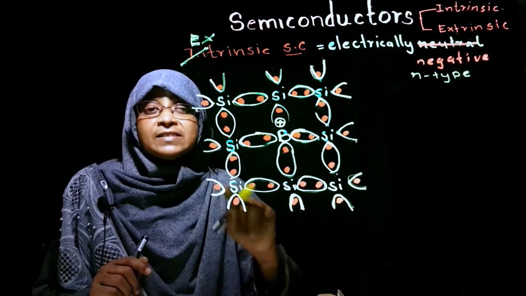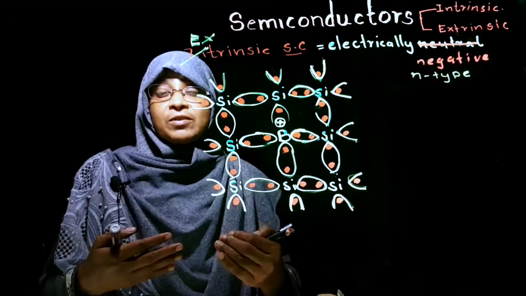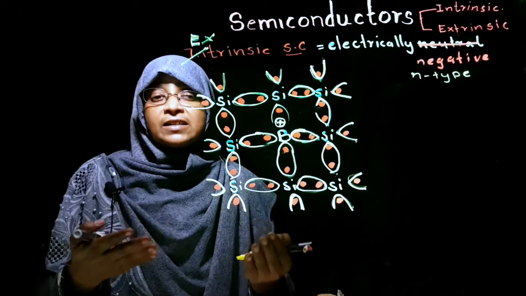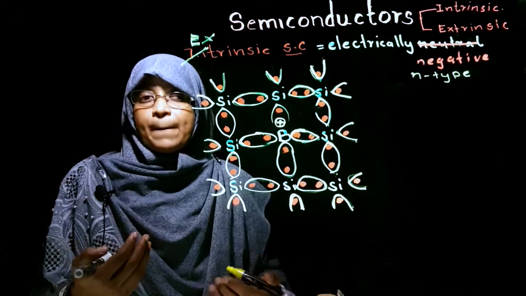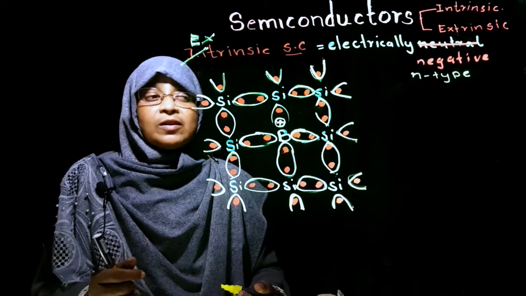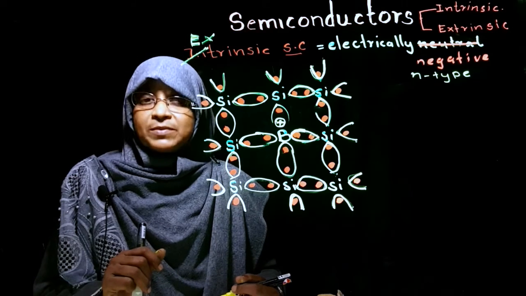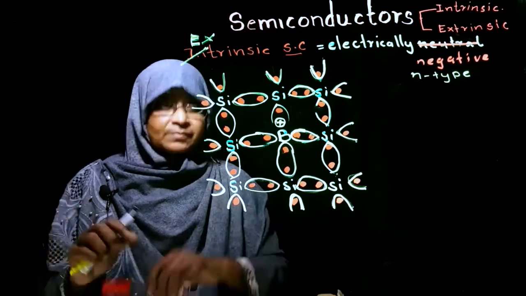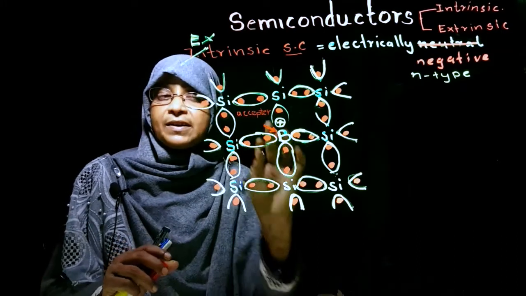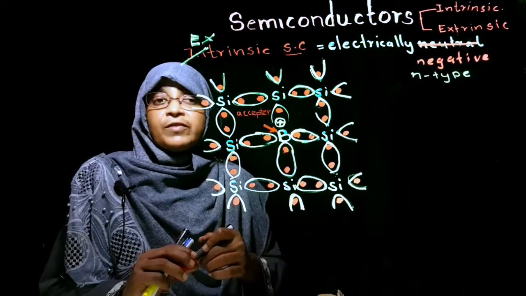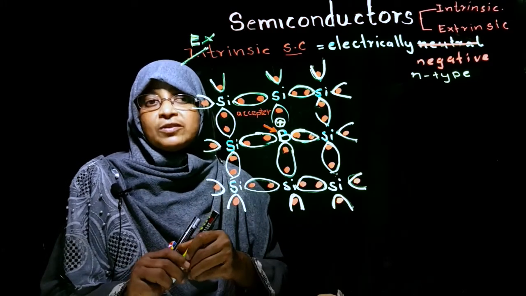So this lattice has a positive excess. So it is always trying to accept an electron from anywhere. So this boron is called an acceptor atom. Now we can say this lattice represents a positive charge.